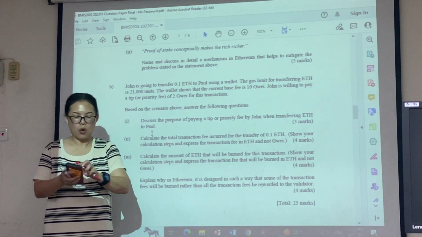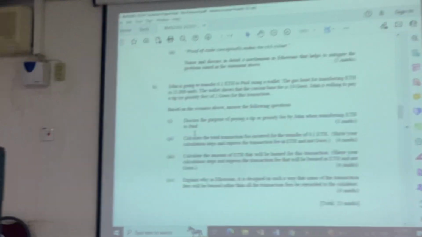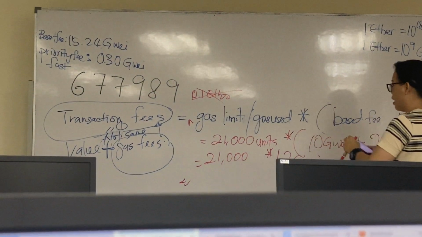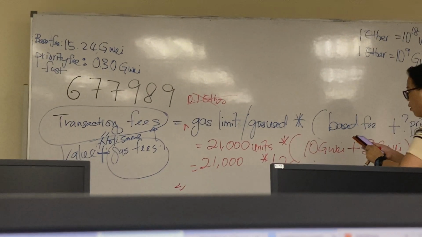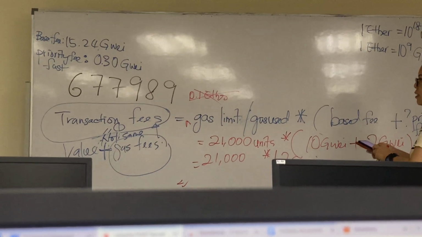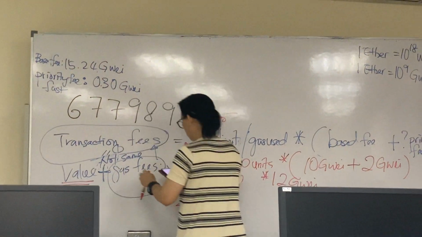So over this side, let me do the calculation first. Over here I do not add the 0.1 ether, no such thing. That is a value for the receiver. It's not a transaction fee. Please understand the transaction fee does not involve value.